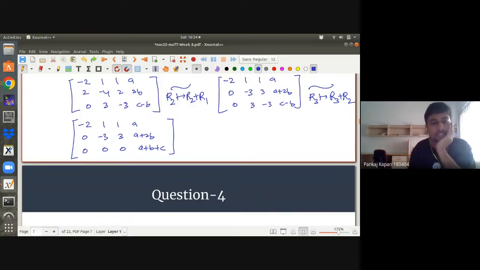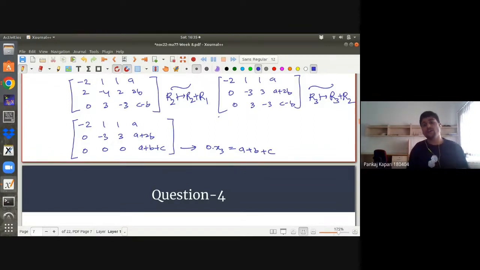Now you can see that in our augmented matrix, on the diagonal, this third entry becomes 0. If this third entry becomes 0, what is our third equation? Our third equation says that 0 times x3 is equal to a plus b plus c.